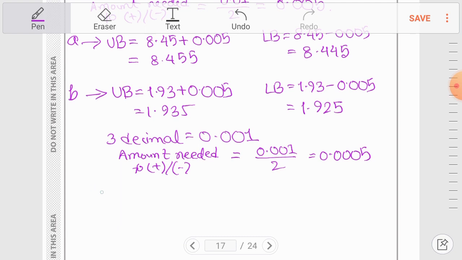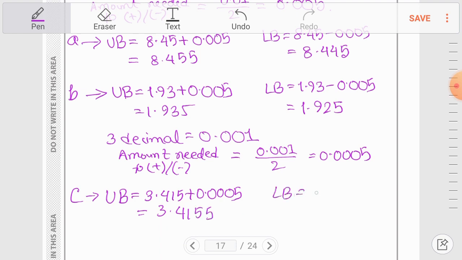Now we need to find the upper bound and lower bound values of C. Upper bound would be 3.415 plus 0.0005, that is 3.4155, and lower bound is 3.415 minus 0.0005, and that would be 3.4145. So these are the upper bound and lower bound values of A, B and C.